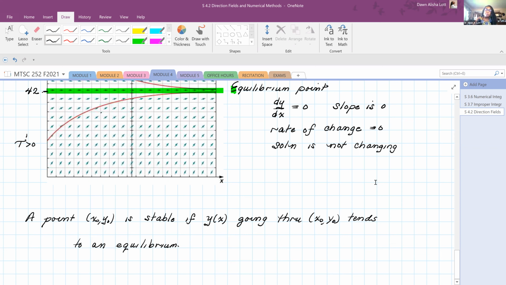Let me see what else I have here. Here's one more. y prime is equal to 3x plus 2y minus 4.